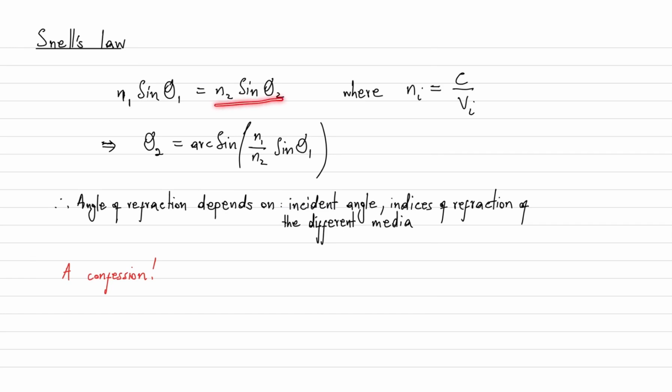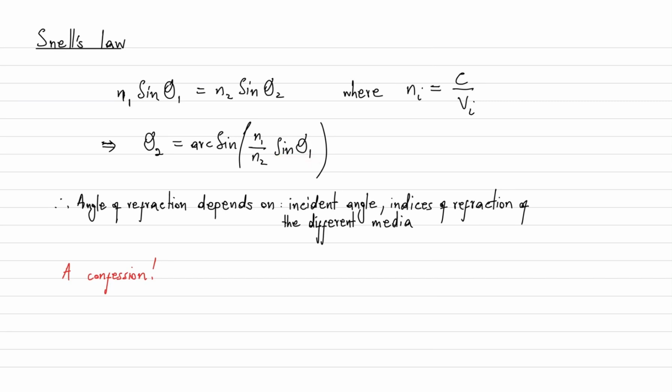And if we were to reshuffle this formula, and here we're assuming that light is moving from medium 1 to medium 2, we will find that the angle of refraction will be given by the arc sine of the ratio of the indices of refraction multiplied by sine of the angle of incidence. That's sine theta 1.